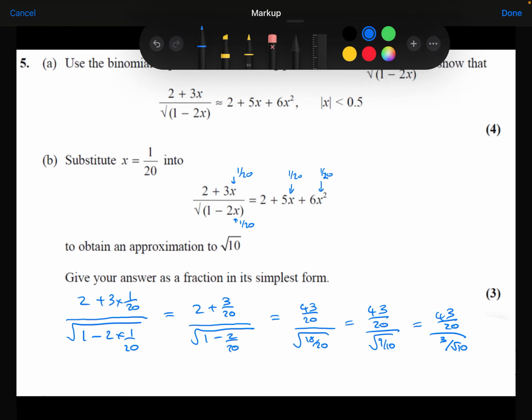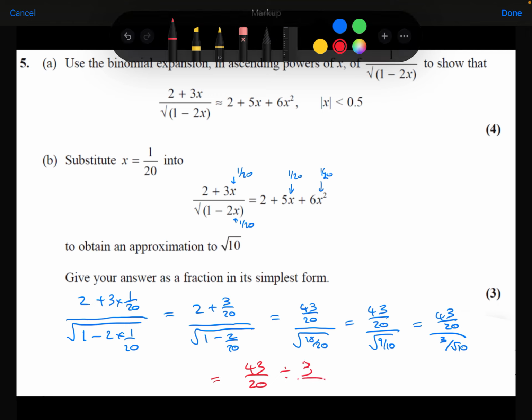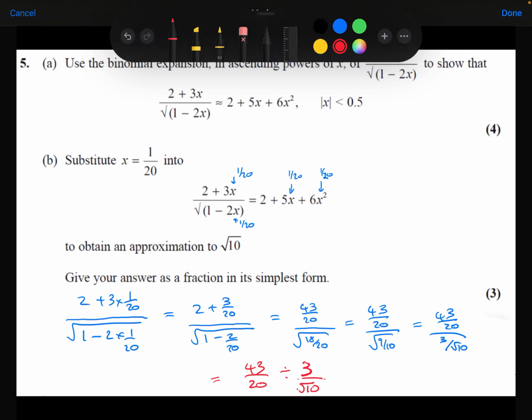Let's simplify this. Probably easier, let's rewrite this as 43 over 20 divided by 3 over root 10.